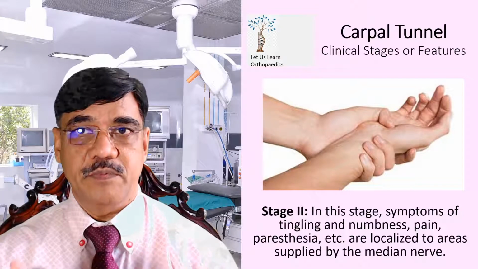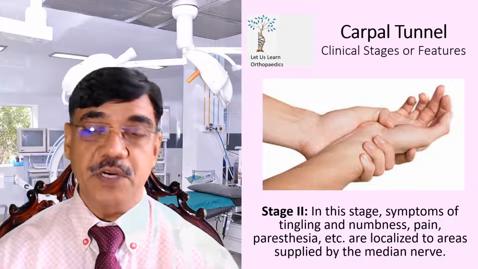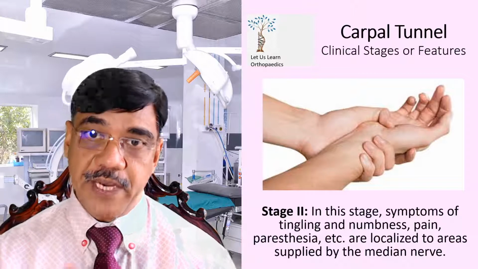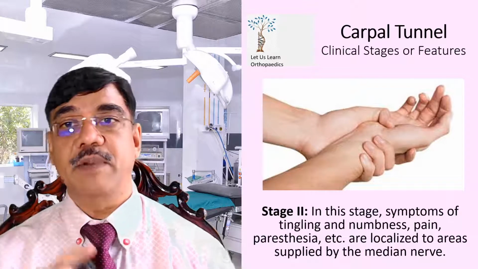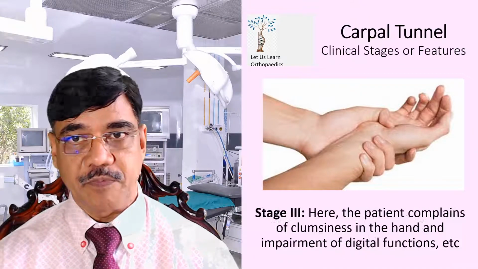When the symptoms progress, there is stage 2. In this stage, the symptoms of tingling and numbness, pain and paresthesia are localized to the area supplied by the median nerve, namely the radial 3.5 fingers.